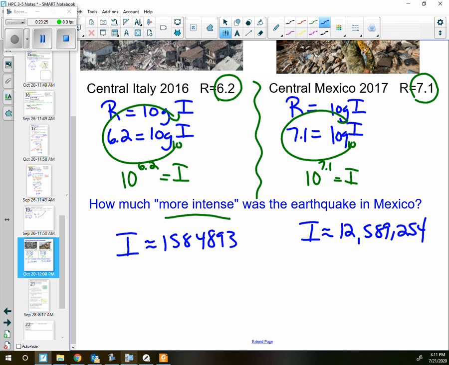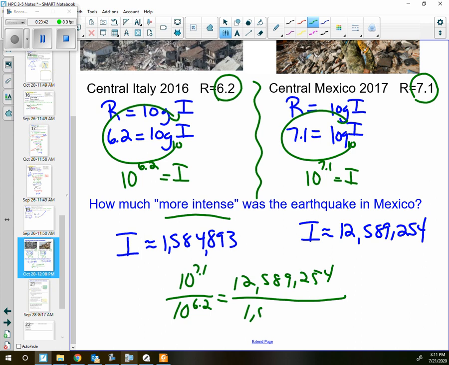So how many times stronger was the one in Mexico? Well, it would be 10 to the 7.1 over 10 to the 6.2. Like, how many times bigger was it? Or this 12 million number divided by the 1 million number, which is about 7.9, or almost 8 times more intense.